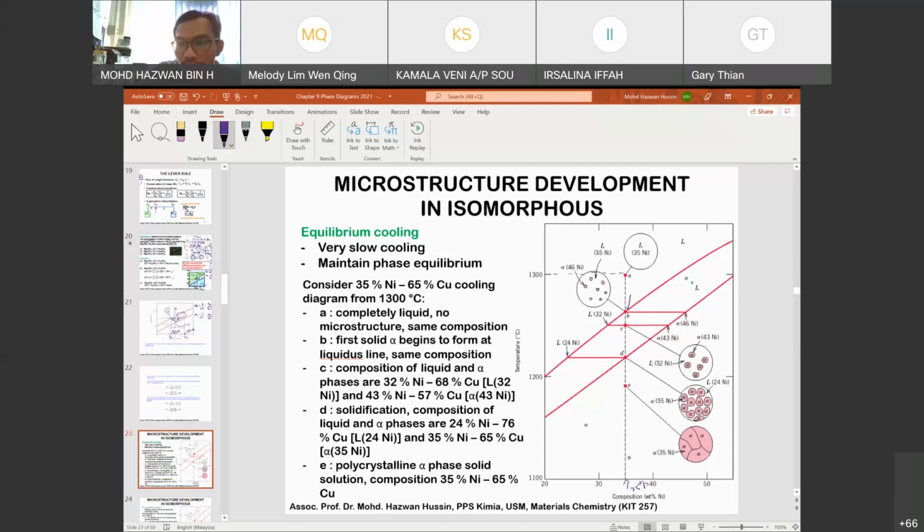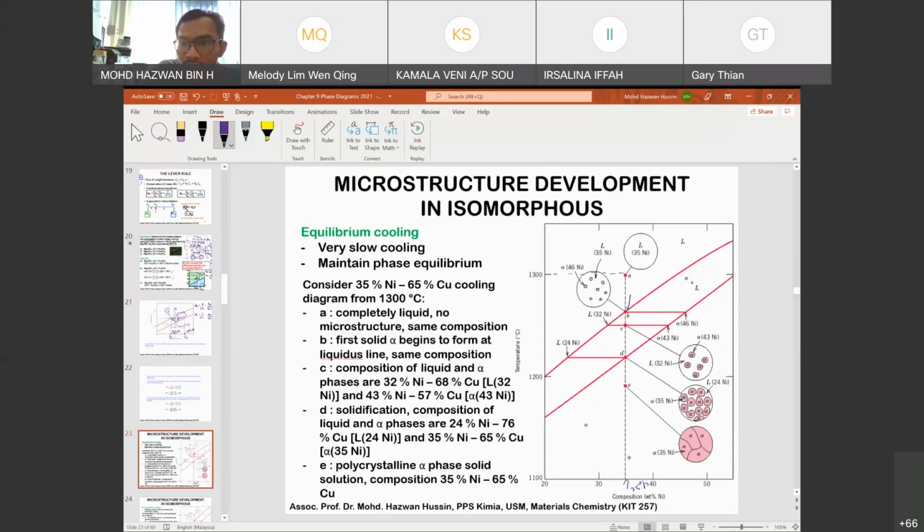But the microstructure that you can see is that it starts to form small grains. This small grain is actually the first solid that starts to form. Composition of liquid is still 35, but the composition of solid is equal to 46.